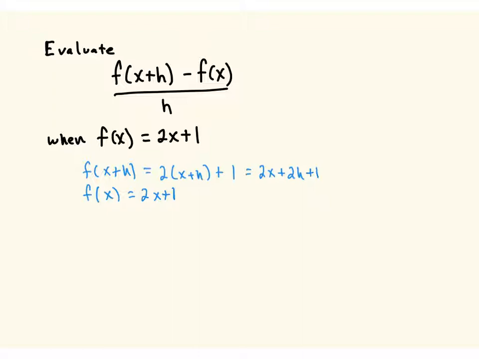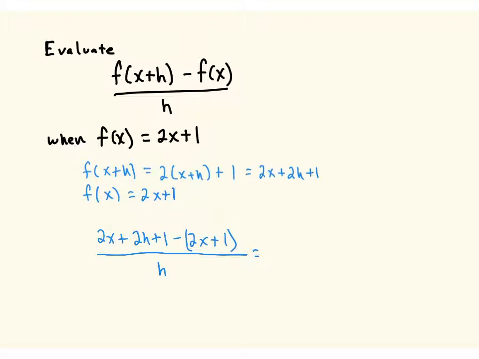So what we will have then is (2x plus 2h plus 1) minus (2x plus 1), and this is in parentheses because we've got to distribute, and then we have that over h.